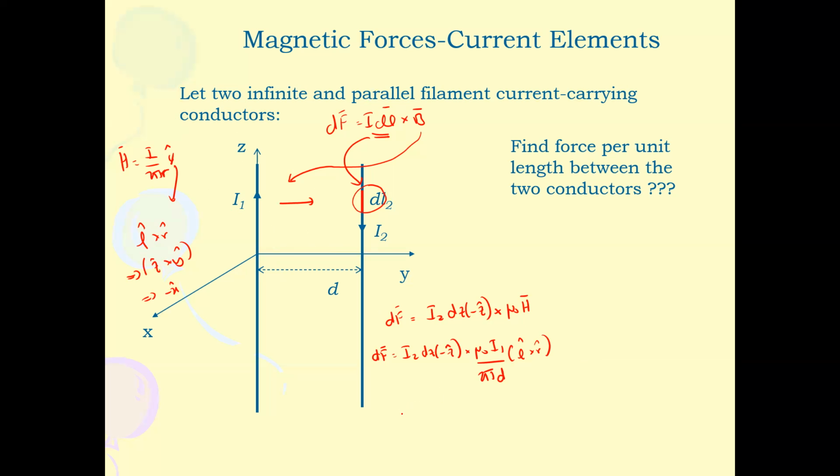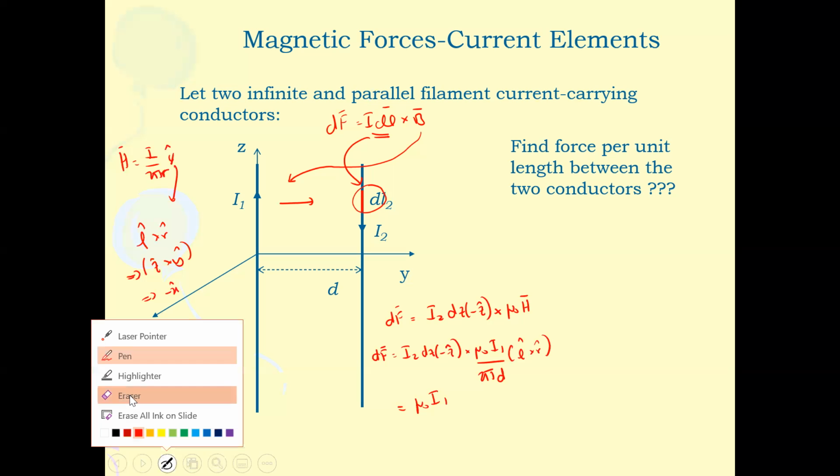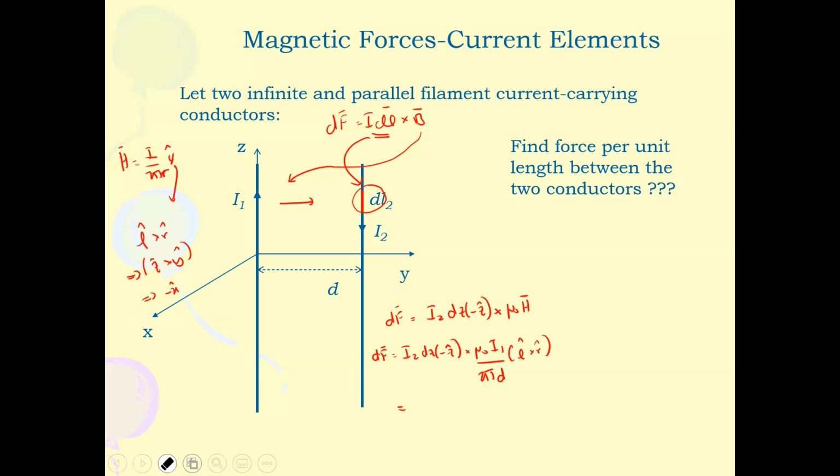So the equation will be, if I can rewrite it, I2 dz of negative z cross product with mu naught I1 over 2 pi d, and L cross R gives us negative x direction. The rest will be just a cross product.